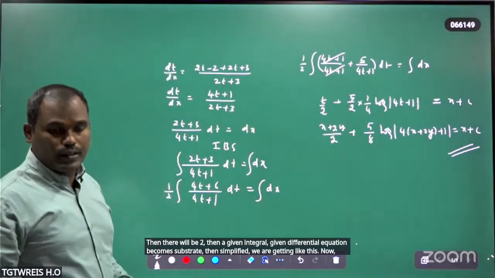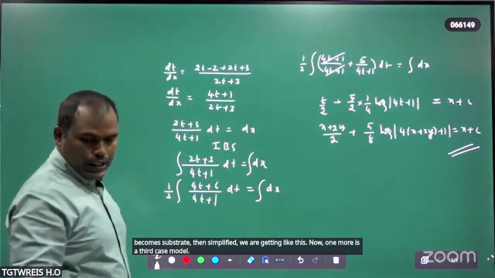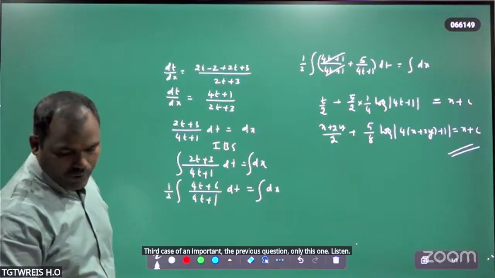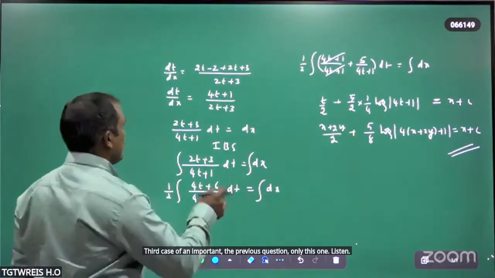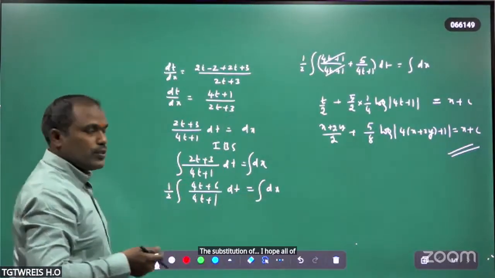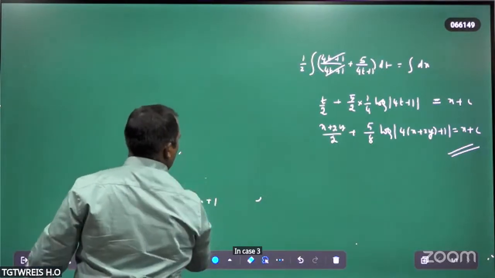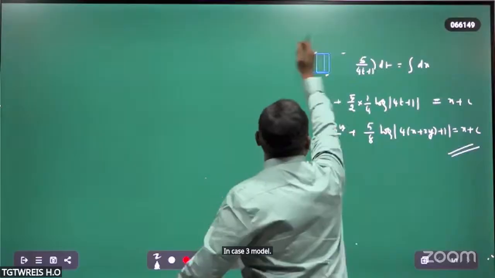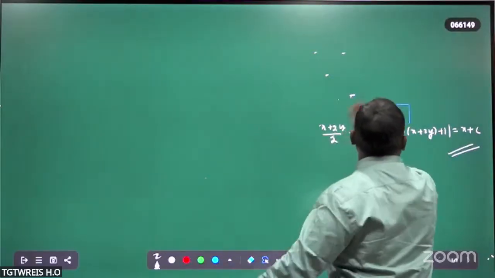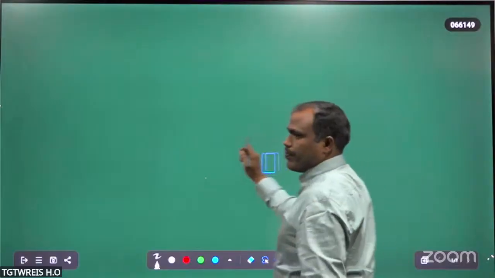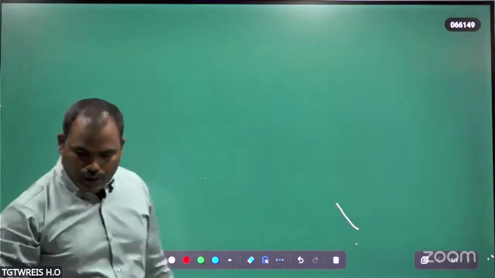We are getting it like this. Now one more is the third case model. In the third case, one important point from the previous question only. I hope all of you understood this. So coming to another question type in case 3 model. Right.